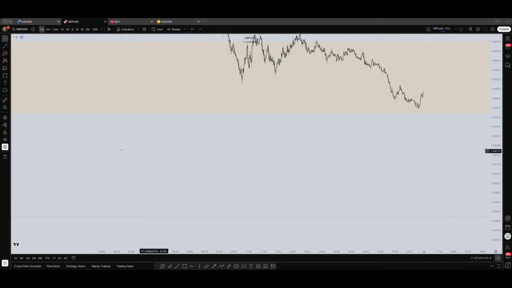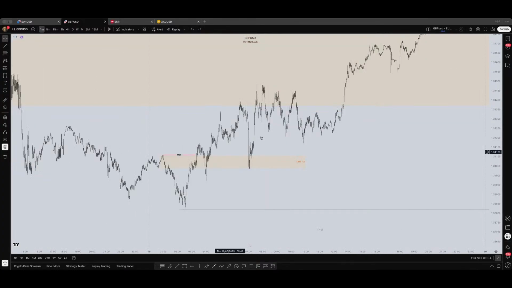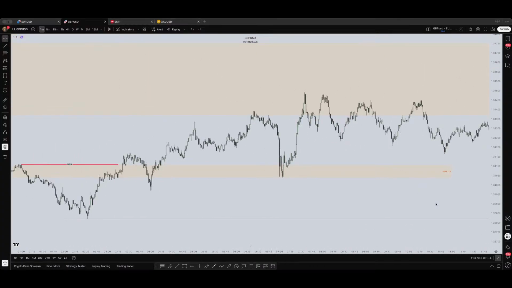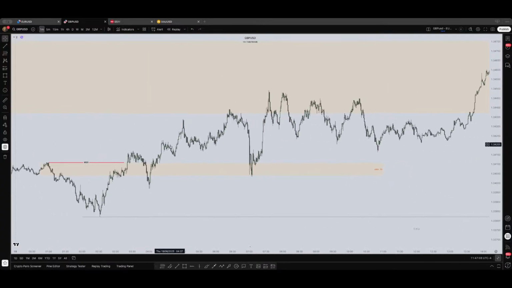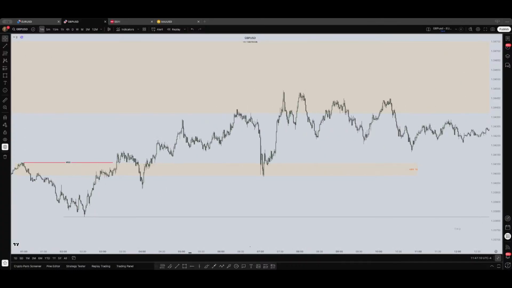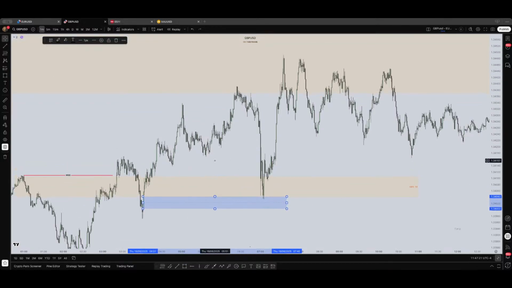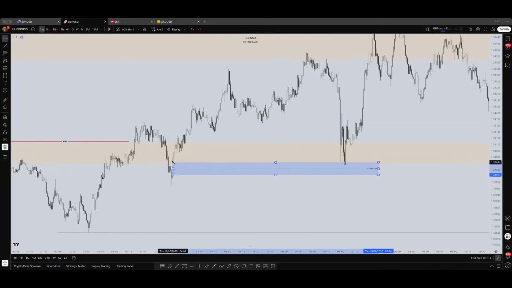Go to 1 minute. And here you can see we have a fair value gap without being rebalanced. Fair value gap, tiny one, but very important. 1 minute.